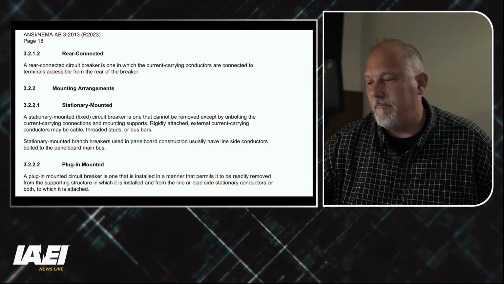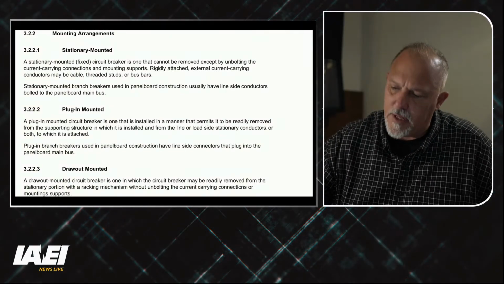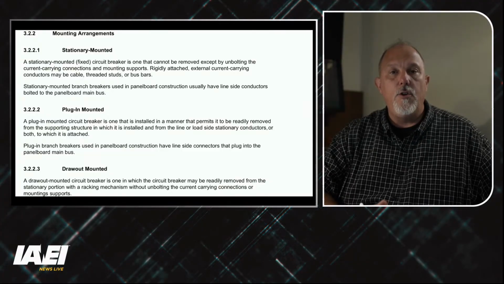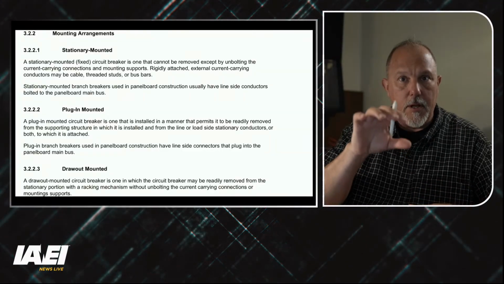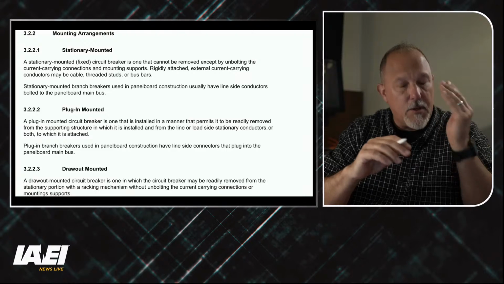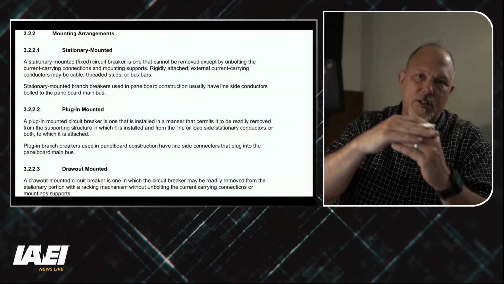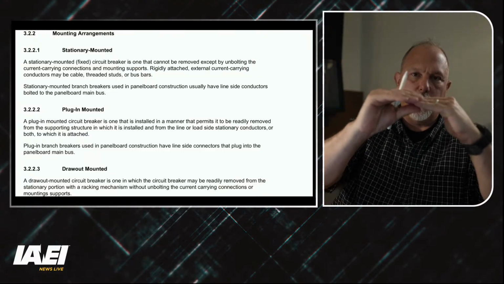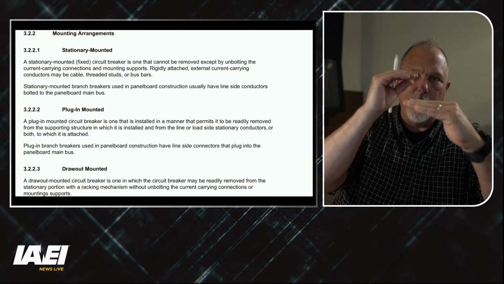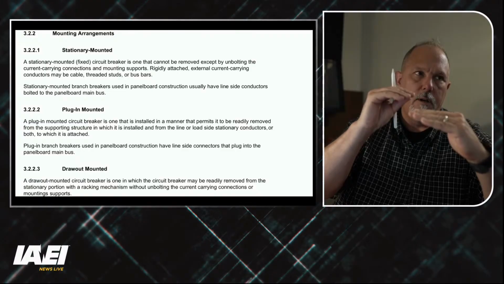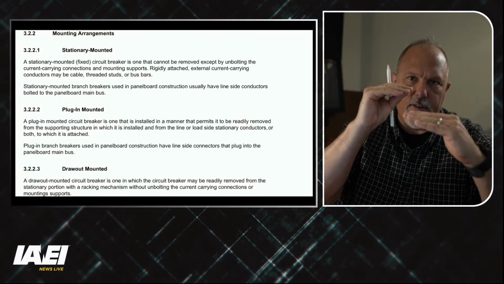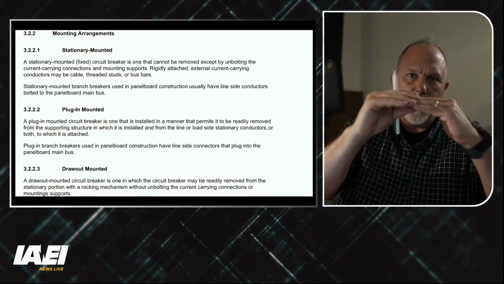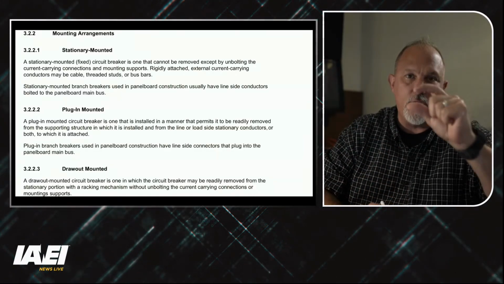Rear connected, mounting, stationary mount, plug-in mount. So in some cases, you'll have a plug-in, a plug-on, where, like typical residential, it slides over either a nub or a post, and the breaker will slide over top. There'll be a spring type of contact inside the breaker that slides over, say, a metal post.